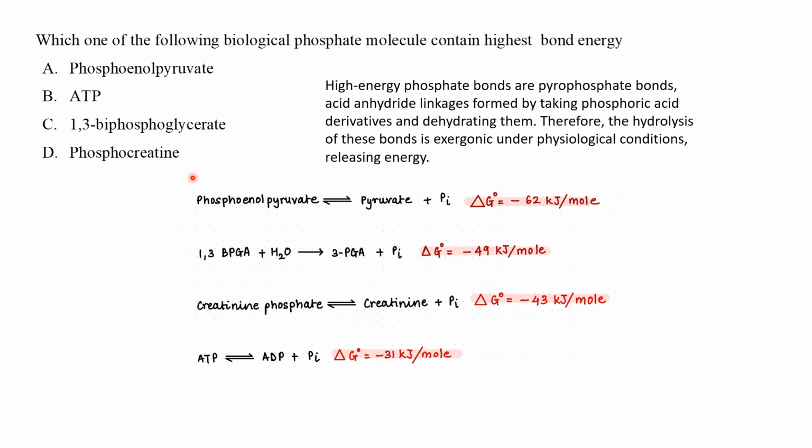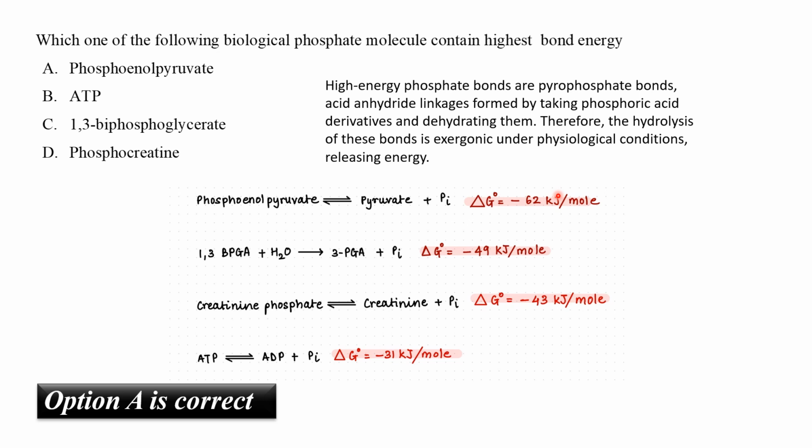So the highest bond energy is held by phosphoenol pyruvate at minus 62 kilojoules per mole. So the correct answer is option A, that is phosphoenol pyruvate, which is the biological phosphate molecule that contains the highest bond energy.